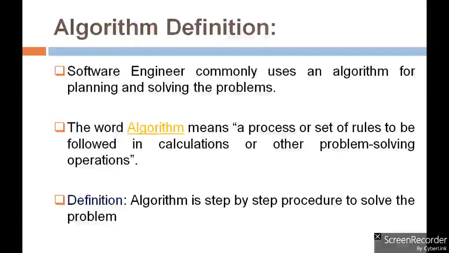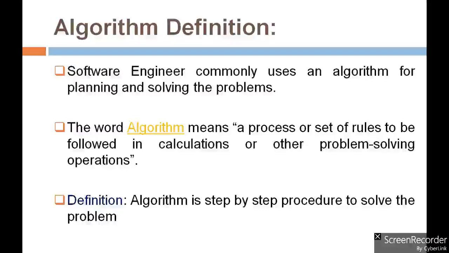So first of all, let's see what is the algorithm and what is its definition. So generally, software engineers use an algorithm for planning and solving the problems. The word algorithm means a process or set of rules to be followed in calculations or other problem solving operations.